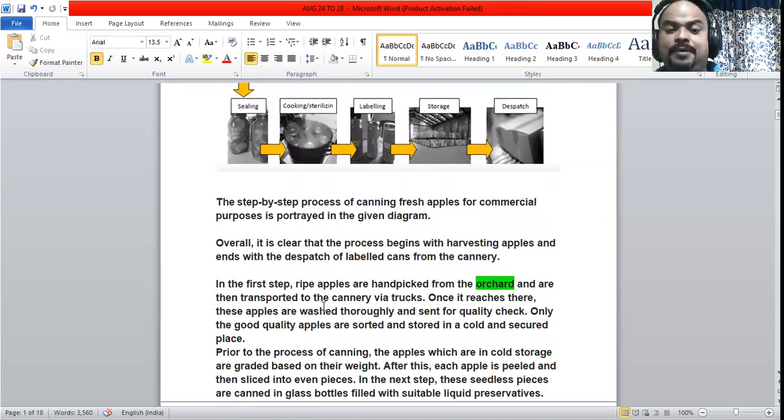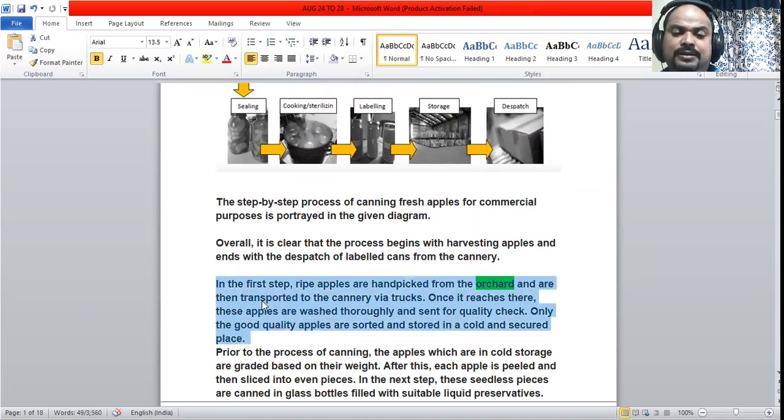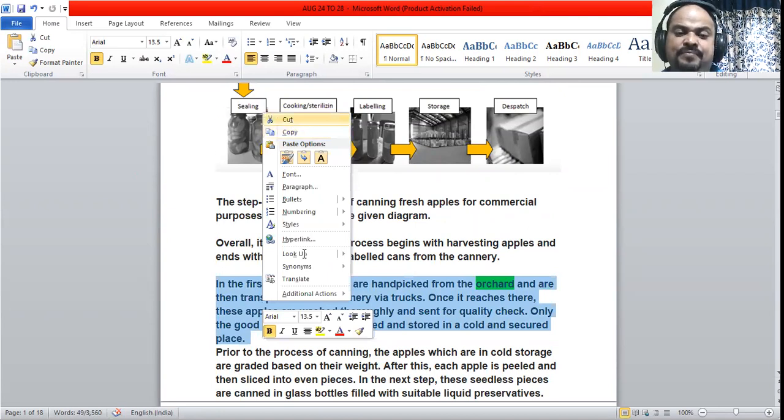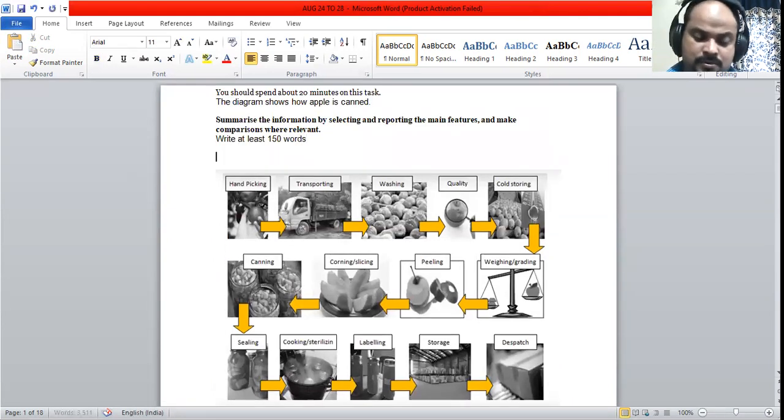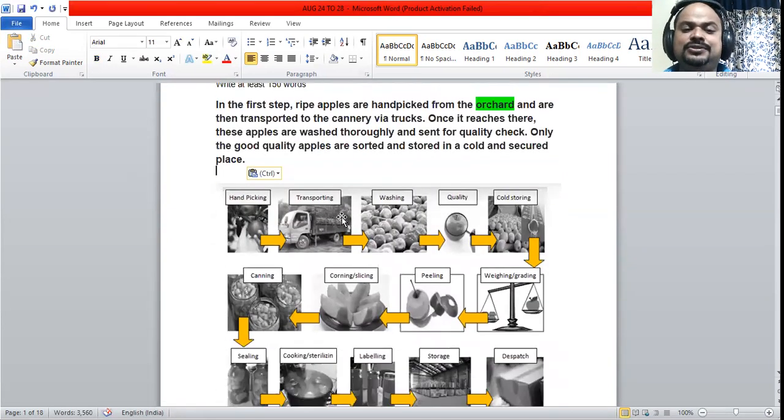The first step: ripe apples are handpicked. So let me paste it above so that you can see that. In the first step, ripe apples. When apples are ready to harvest, then only can we pick them.